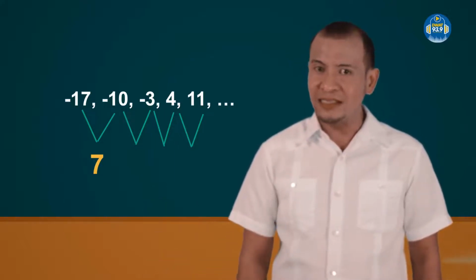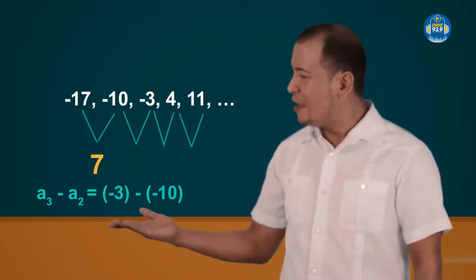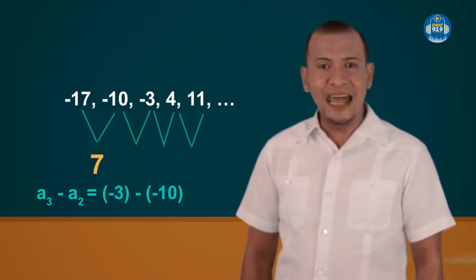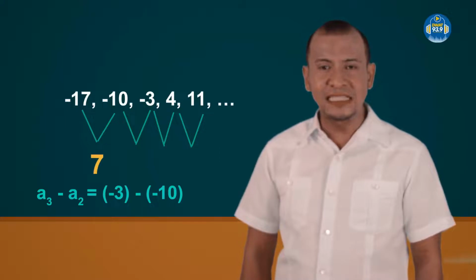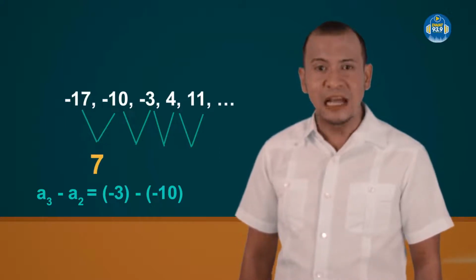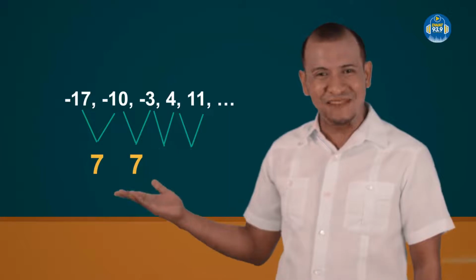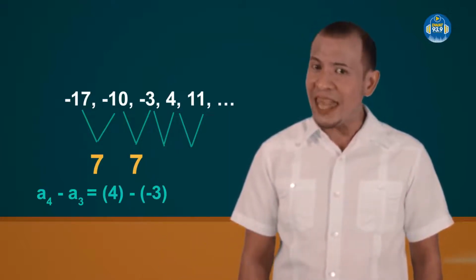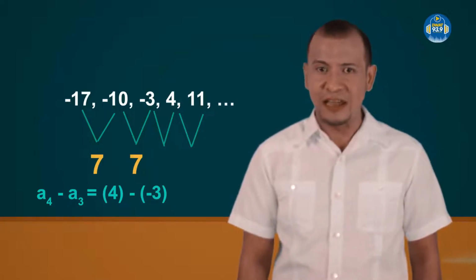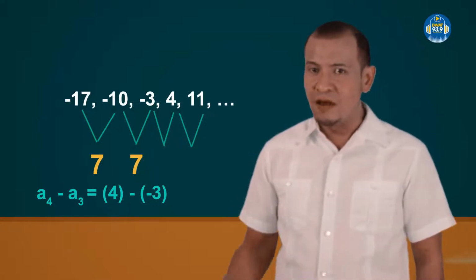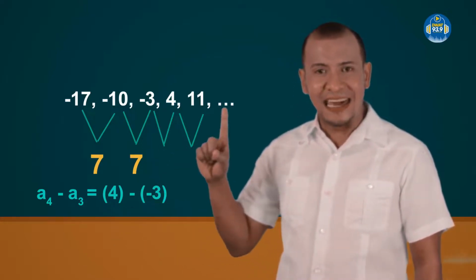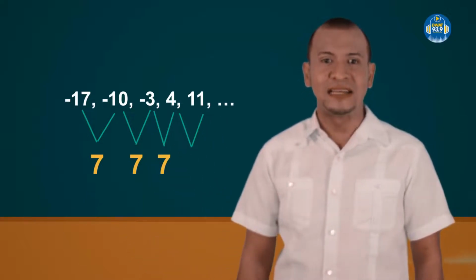Next pair, we have a sub 3 minus a sub 2, and that is negative 3 minus negative 10. Simplifying, we have 7. Next, getting the difference between a sub 4 and a sub 3. So we have 4 minus negative 3. And that is, again, 7.